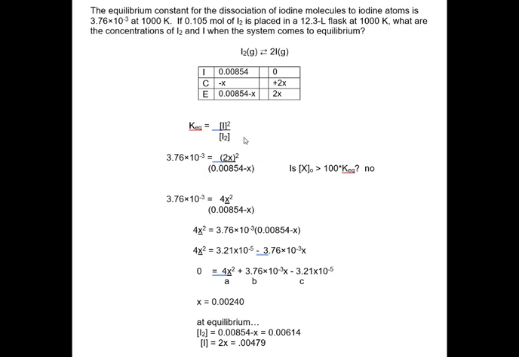And then the equilibrium concentration of I, the iodine, is simply 2 times x. So remember, once you get x, that may not necessarily be the answer you want to report. You have to go back and look at the E line, the equilibrium line, and see how that x was expressed in this.